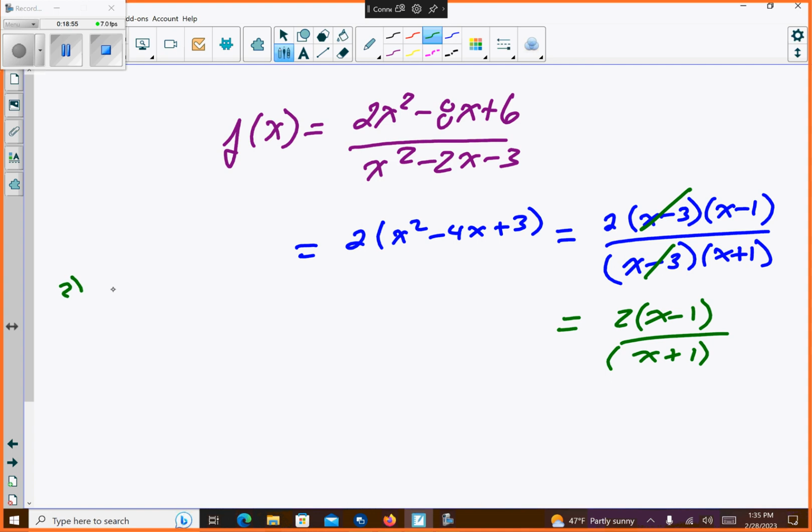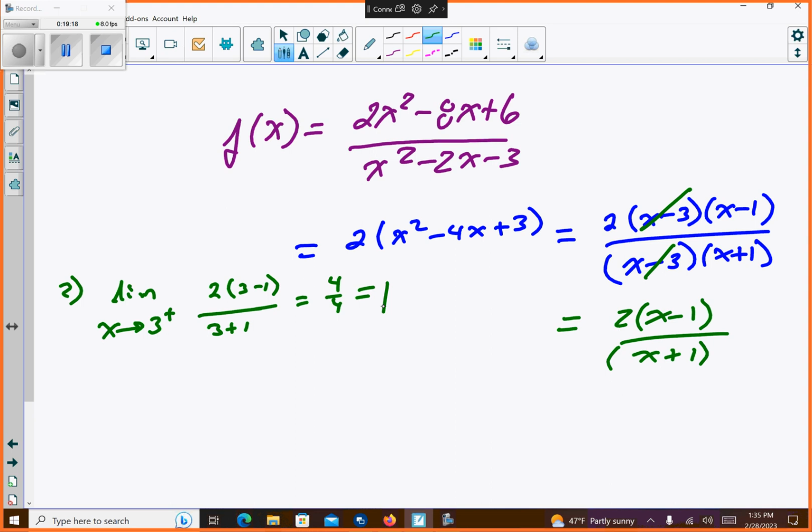So in order for you to solve A, as the limit approaches 3 from the positive side, just plug 3 directly in. That's going to give me 4 over 4, so this is just 1.